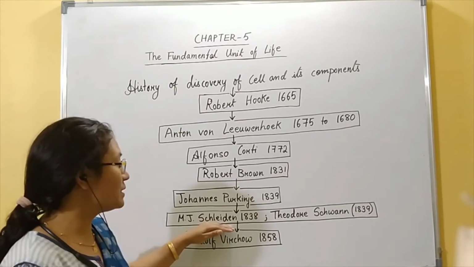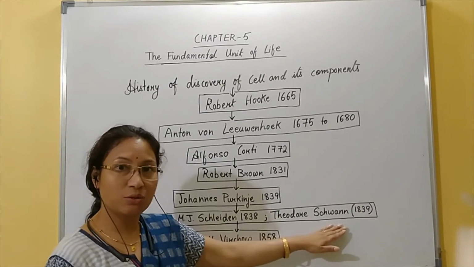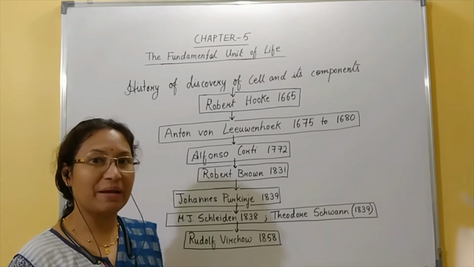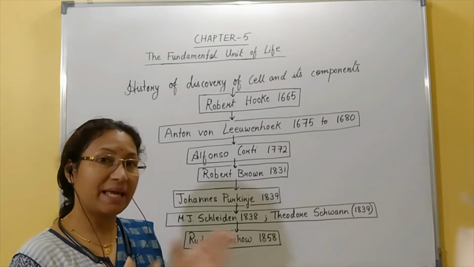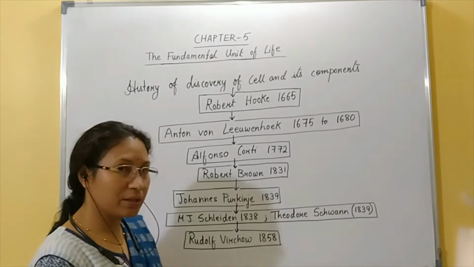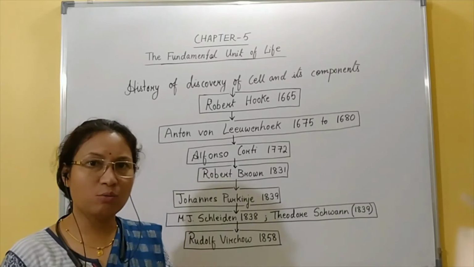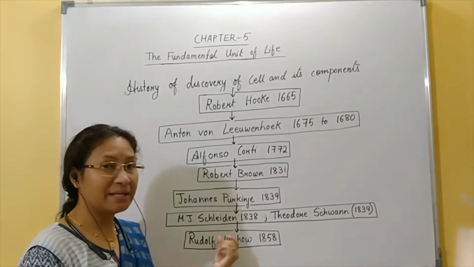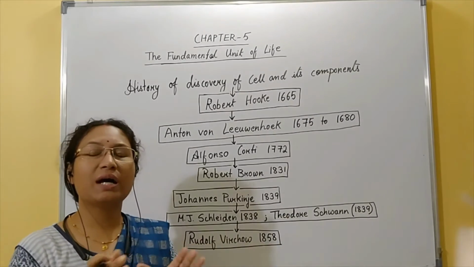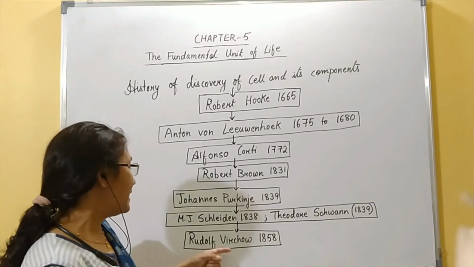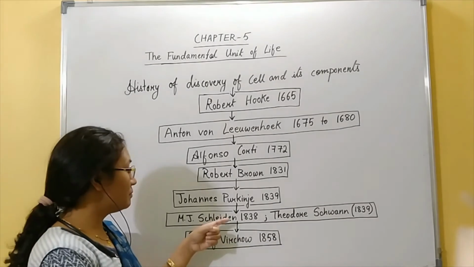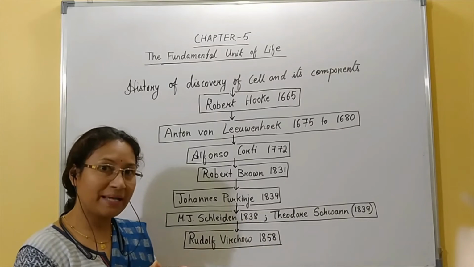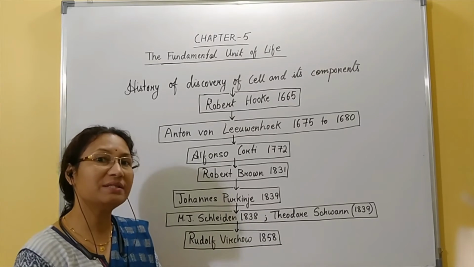Now here Schleiden was a botanist and Schwann was a zoologist, and both of them, they did their studies independently, and they exchanged their studies, and they came to a conclusion that excluding the cell wall and few little bit of minute differences, essentially the plant cell and the animal cell both have the same basic design. Then Schleiden and Theodor Schwann combined their investigations and gave the cell theory.